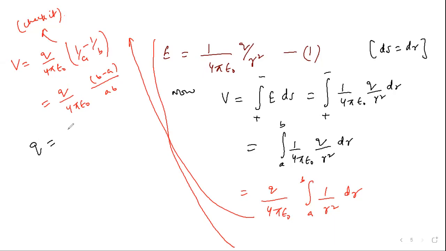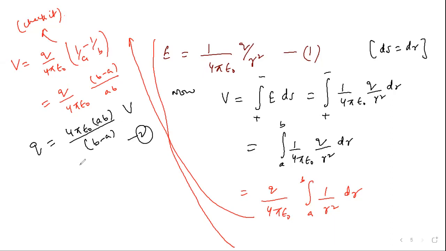Q is 4 pi epsilon naught ab will come up and b minus a will be downstairs times V. This is my second equation, right? Q is 4 pi epsilon naught ab by b minus a, times V.